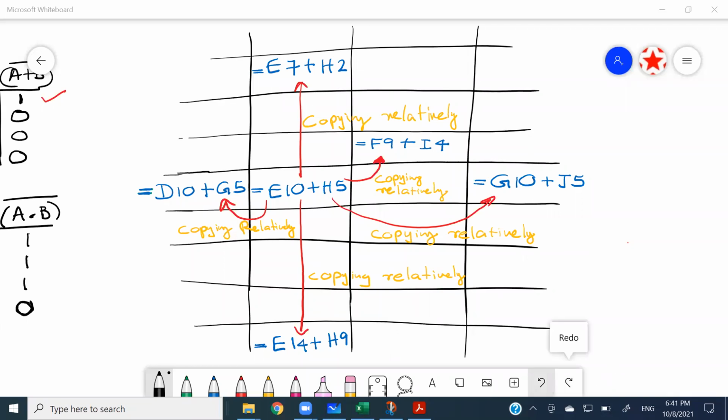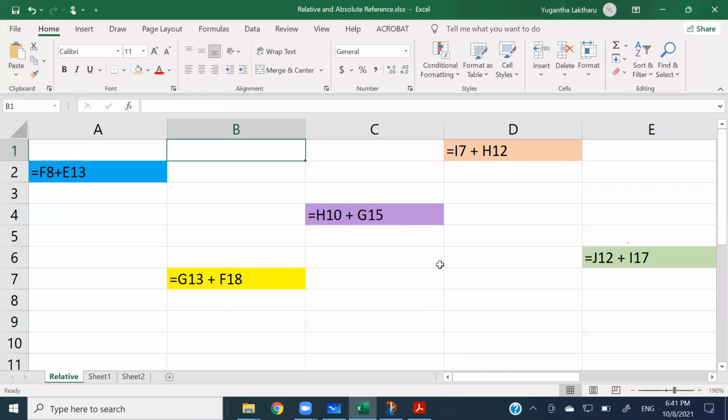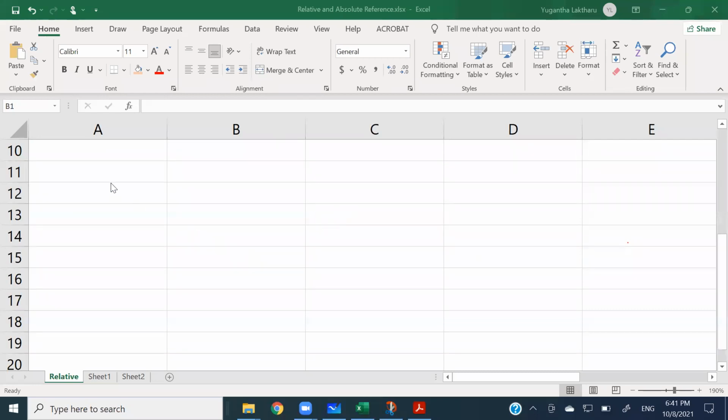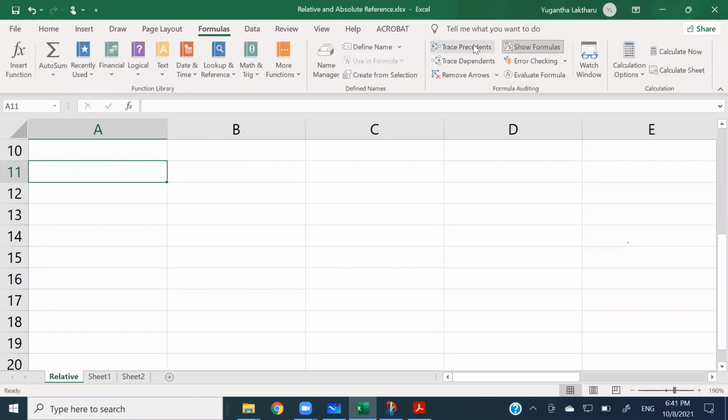Right now, basically, as teachers, when we are making the mark sheets for the term tests, we use these kinds of relative cell references heavily, right?